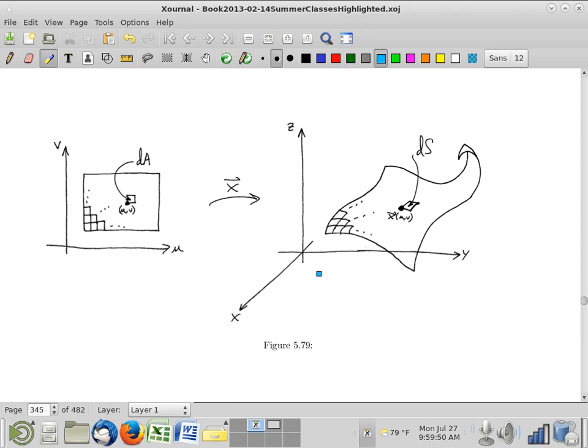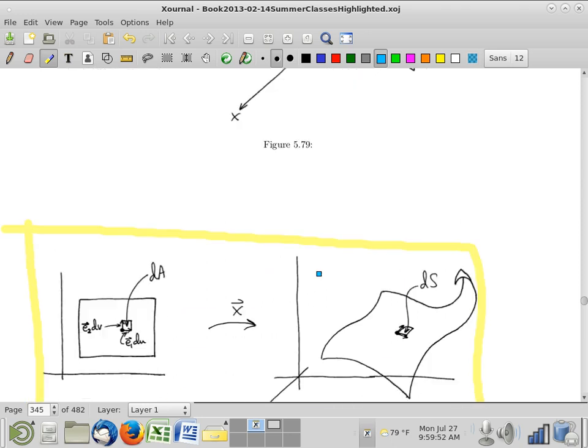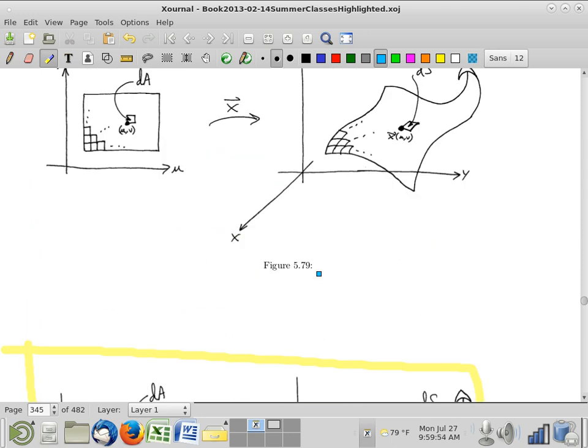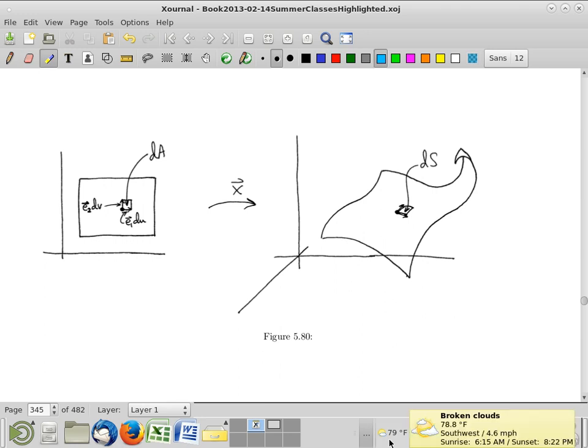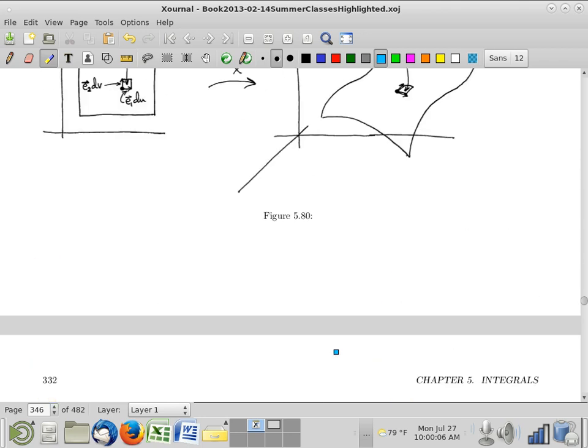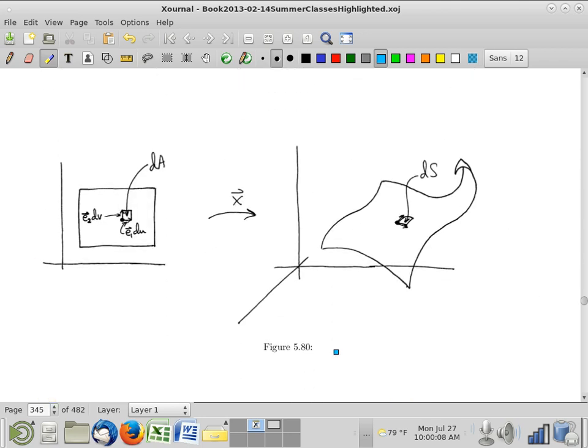Okay, so how do I compute dS? Well, let's again zoom in on each of these little small pieces. Here are those zoom-ins. So how am I going to relate this area to that area?